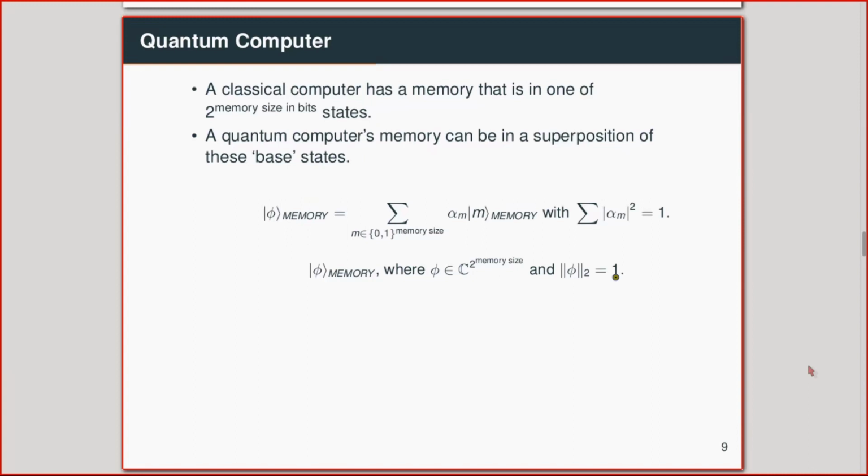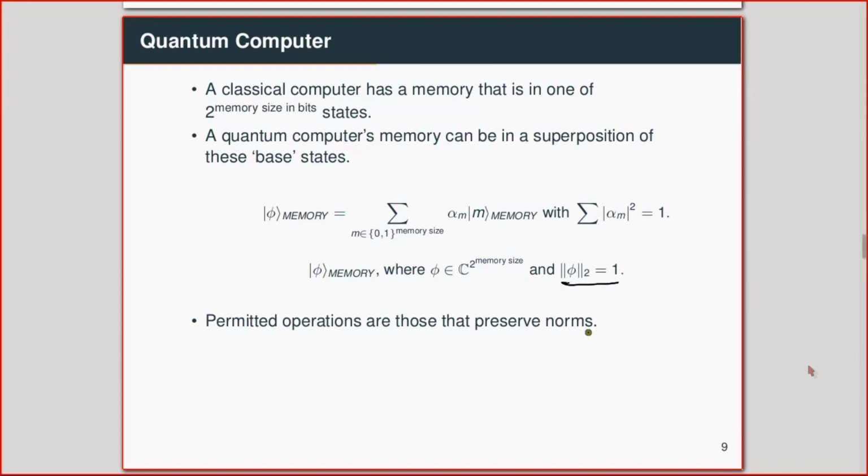Now, in classical computers, we can apply AND gates and OR gates and stuff like that to our memory. What can we do in a quantum computer? All this is really similar to probabilistic computing up to this point. The place where it really changes is in the operations that we can perform. One obvious thing that operations must have is that they have to preserve norms, because a state has to have norm 1.